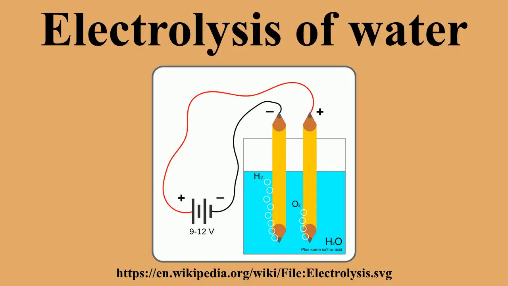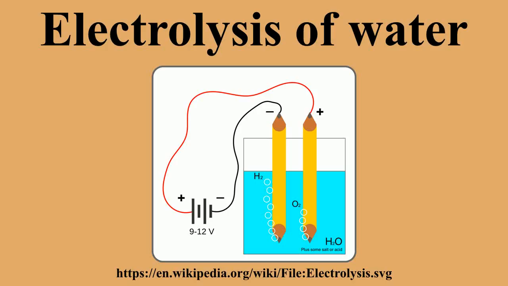History: Jan Rudolph Deiman and Adriaan Paets van Troostwijk used, in 1789, an electrostatic machine to produce electricity which was discharged on gold electrodes in a Leyden jar with water. In 1800, Alessandro Volta invented the voltaic pile, and a few weeks later William Nicholson and Anthony Carlisle used it for the electrolysis of water.